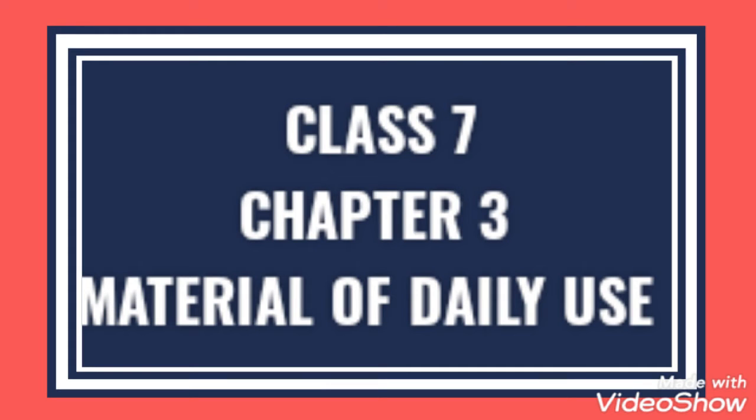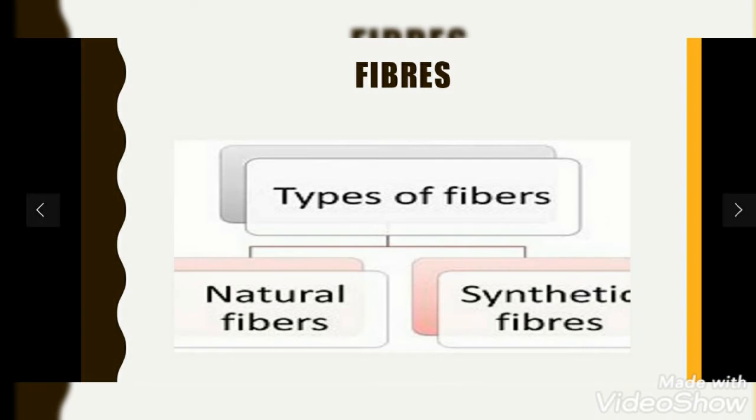Good morning all. In this video, we are going to study Chapter 3, Material of Daily Use, Class 7th. As you all know, all the material which we use are made up of fibers, and we have already done in class 6th that there are two types of fibers, natural fibers and synthetic fibers.